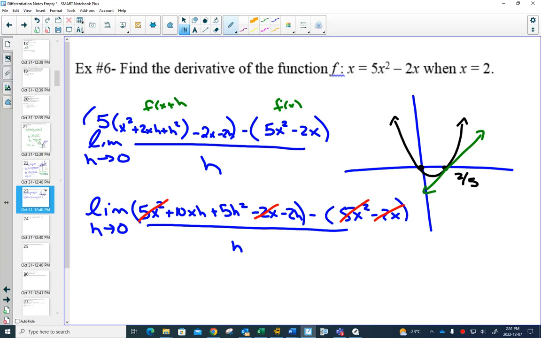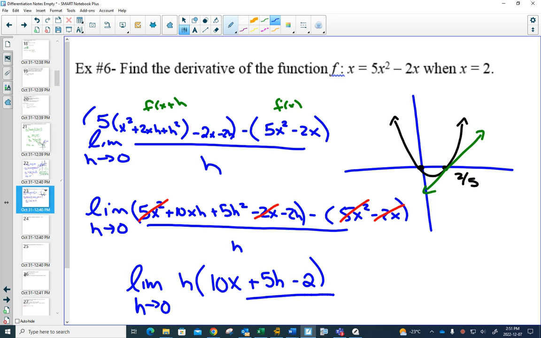And can you see that everything that's left in the top has an h? So we can factor that h out. Again, write the limit as h goes to 0. Factor out the h, I'd be left with 10x plus 5h minus 2 all over h.